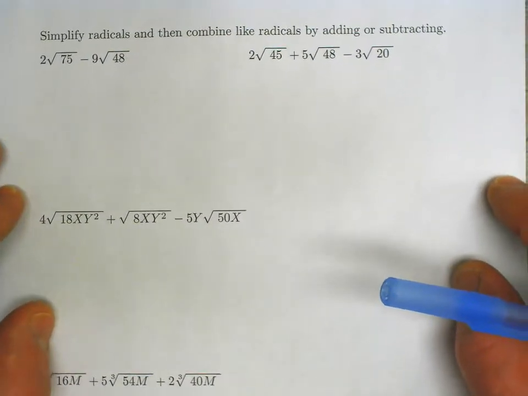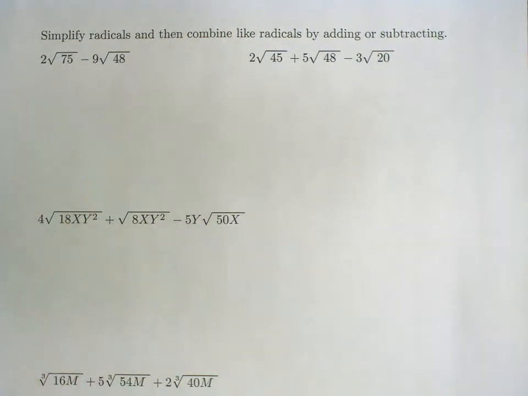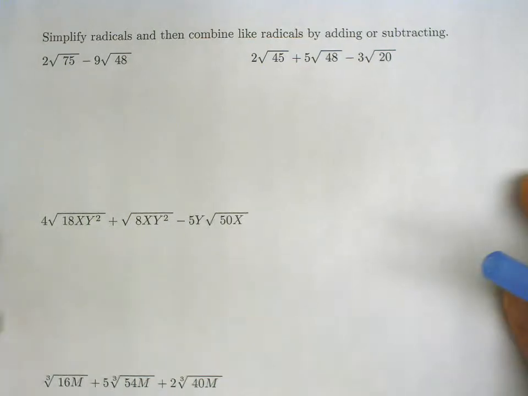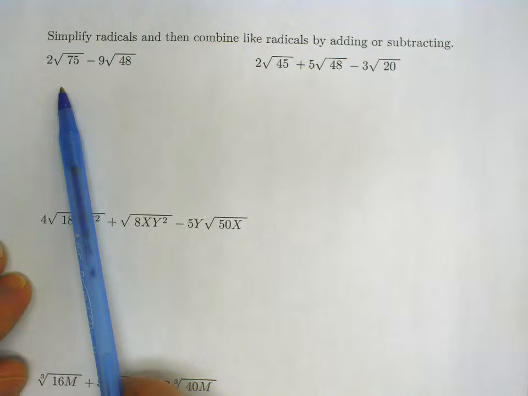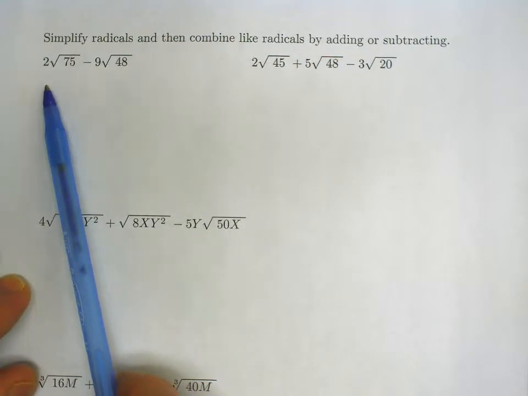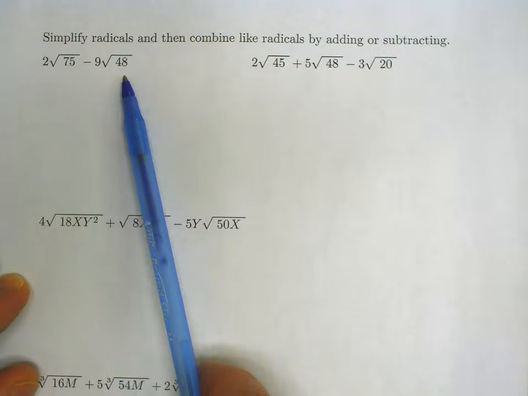Okay, on the previous page, all of the radicals were already as simplified as they could be. But on this page, we're going to add and subtract radicals that are not all simplified. So this first example up here on the top left, 2 times the square root of 75 minus 9 times the square root of 48.